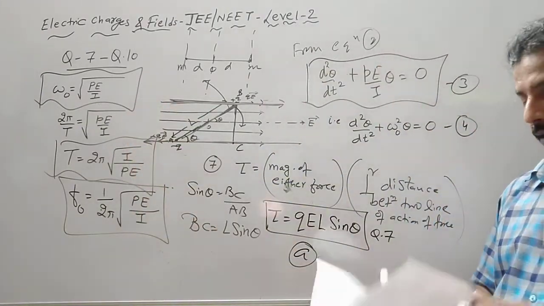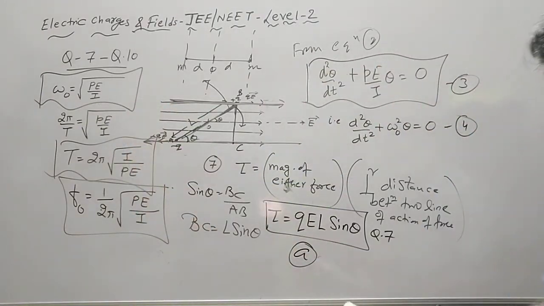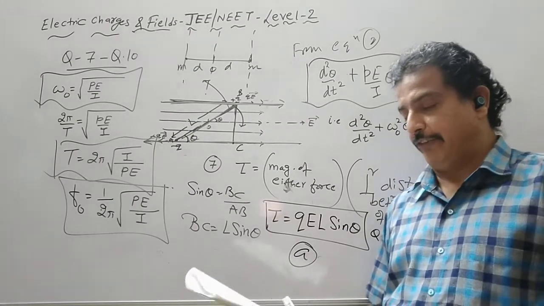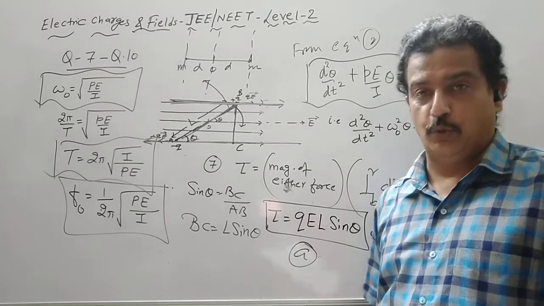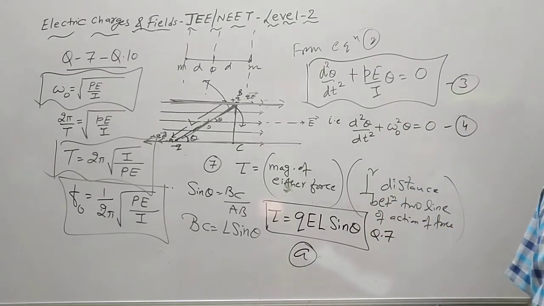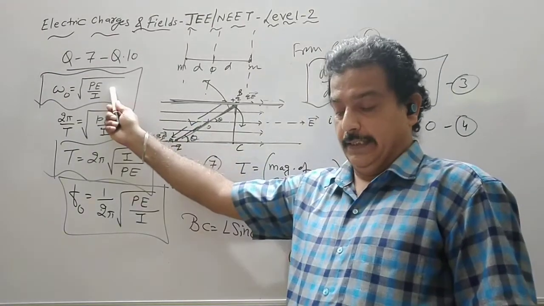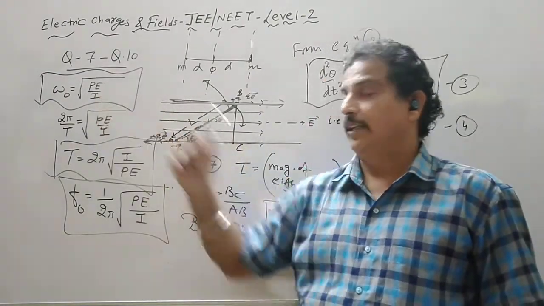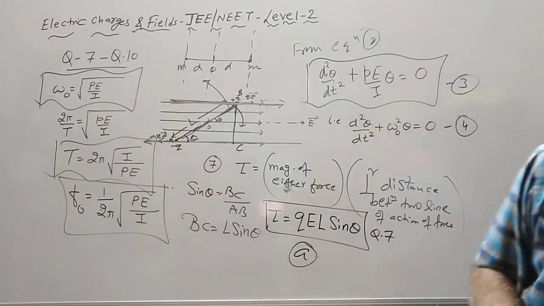Now, question number 8. When the rod is released, it will rotate with an angular frequency omega equals to. Now you have to find out omega. So omega we have defined. Now here in the options, instead of I, they have written the moment of inertia value.